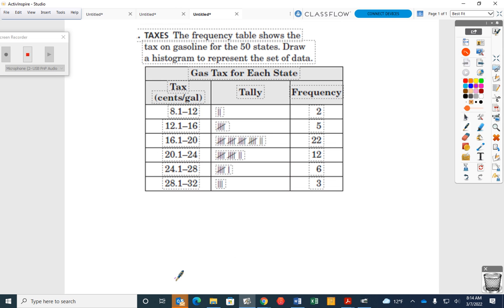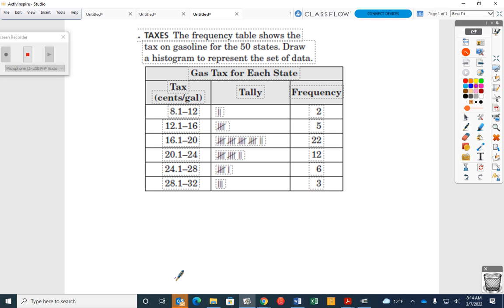So this frequency table shows the tax on gasoline for 50 states. I want you guys to go ahead and make your own histogram. What I want you to be careful of, when you have a display that's given to you like this, is to verify that all of these are equal parts.